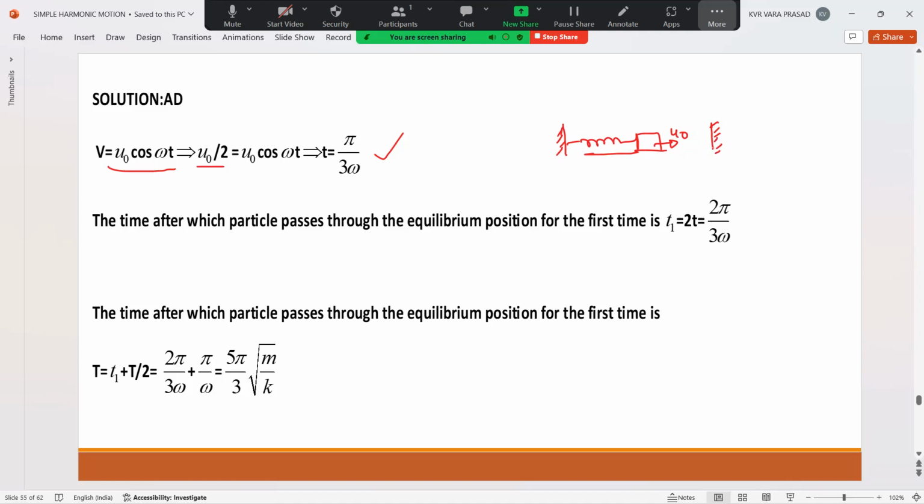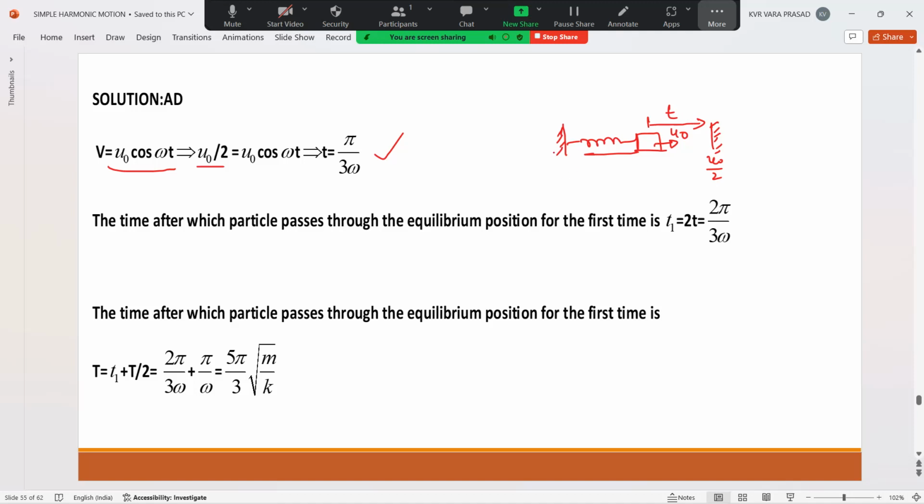When it collides with the wall, its velocity is u0 by 2. So we are getting the time taken for making the collision. From the mean position to the collision, the time taken is t. To come back after collision to the mean position, again the same.